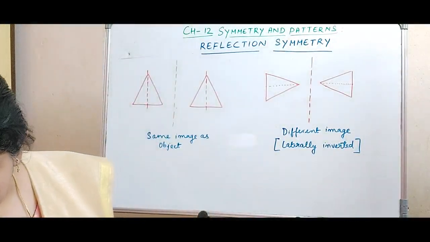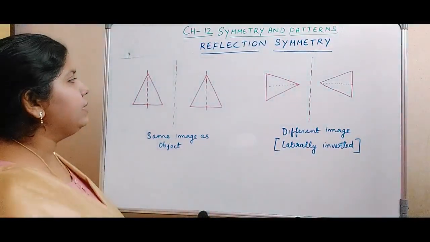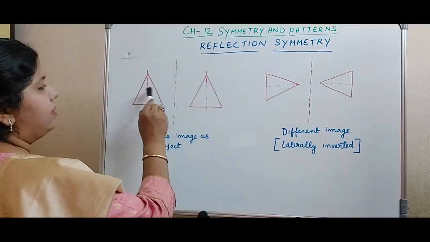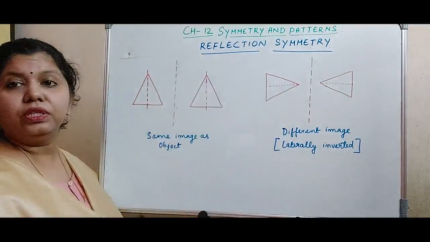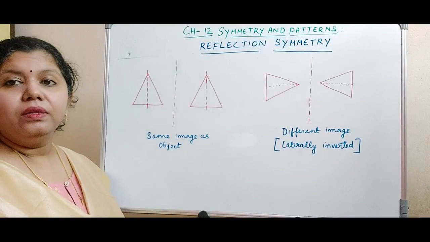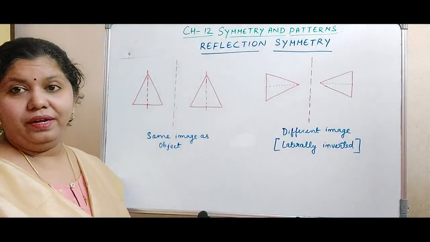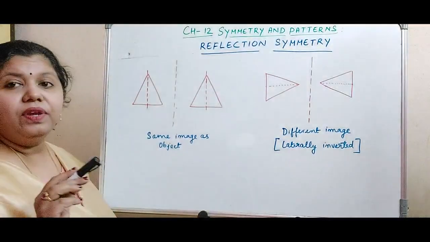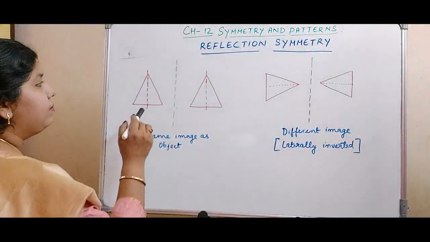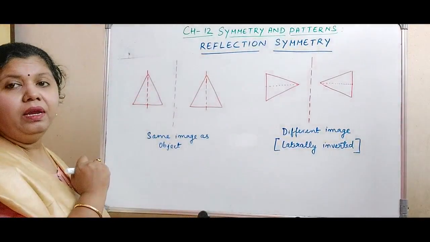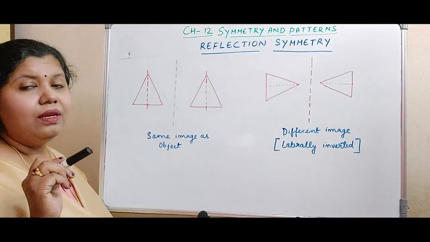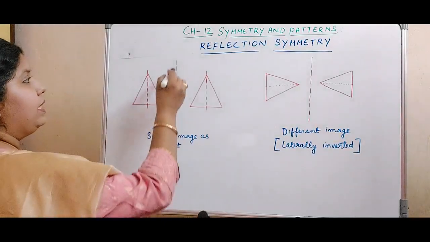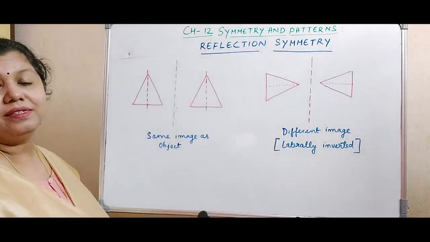Now the question is why it is so. We have taken the same image, I have just tilted this triangle to a different direction here. Then the image becomes different. So how is it possible? The main thing that we have to remember here is the line of symmetry. Is it vertical or horizontal? And also we have to see where the mirror is placed.